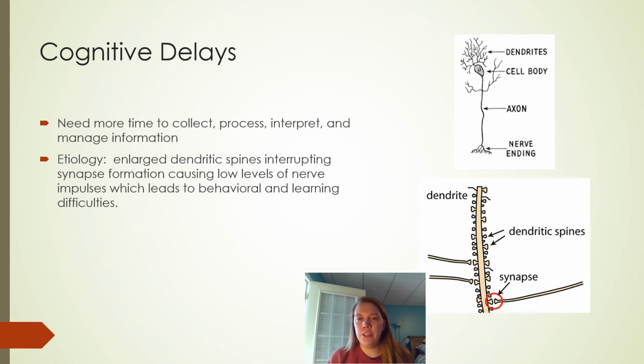Now, the little projections coming off of the dendrite are the dendritic spines. Now, this is what I was referring to, which would enlarge and cause an interruption of the impulses through the synapse, and the synapse being the little gap right there in the center of that red circle.